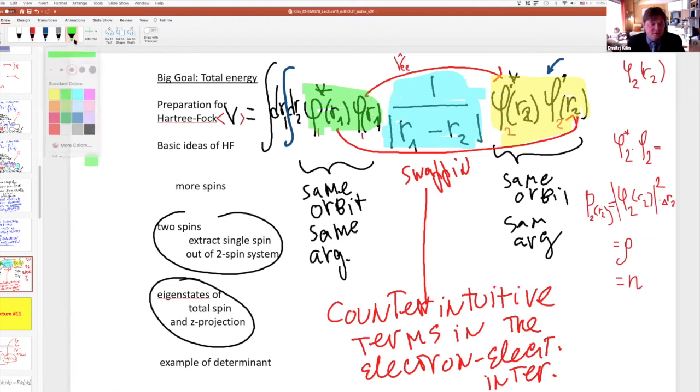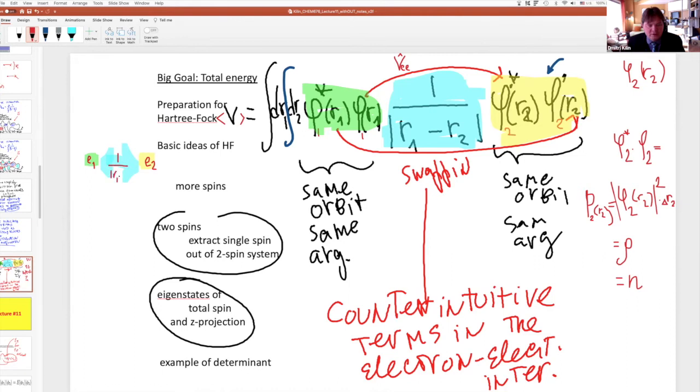So green, yellow, and blue. Green is electron 1. Yellow is electron 2. And blue is their Coulomb interaction.